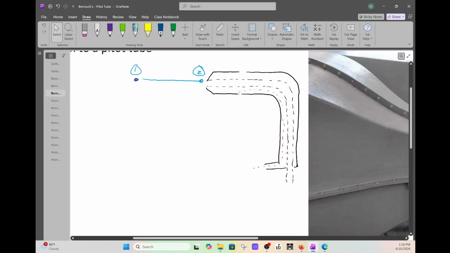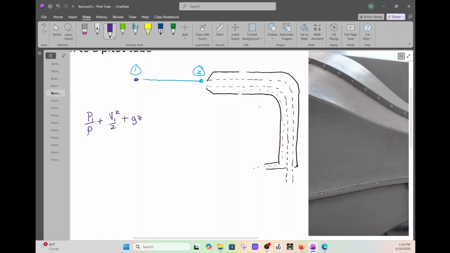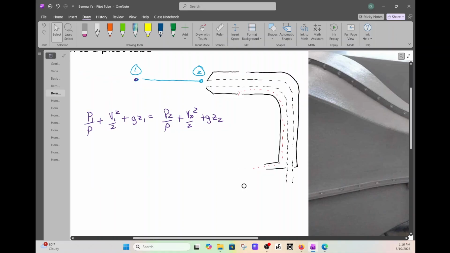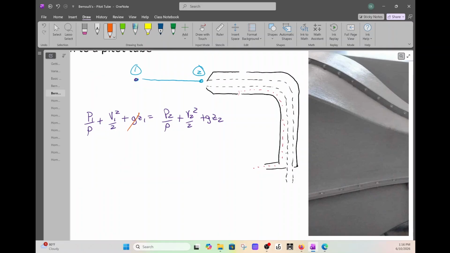So we can write Bernoulli's: P1 over rho plus V1 squared over 2 plus g Z1 equals P2 over rho plus V2 squared over 2 plus g Z2. What we can do is cancel some things. Elevation changes are gone, so we don't have to worry about that.